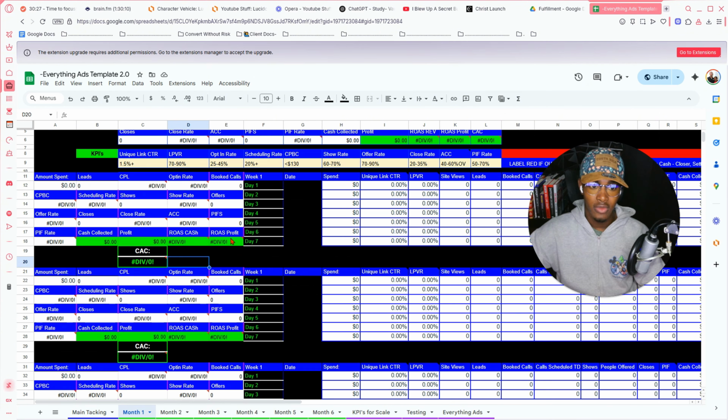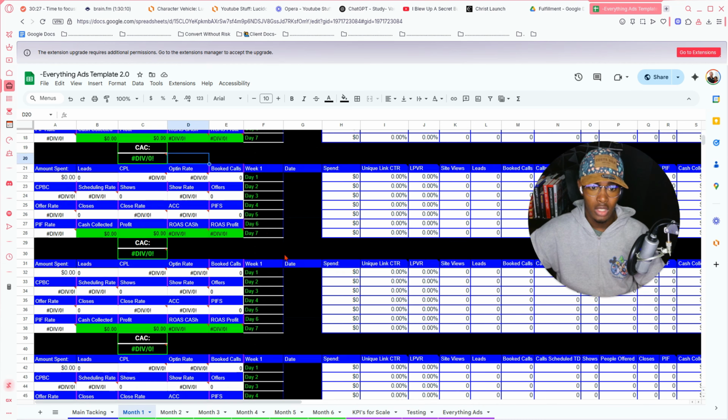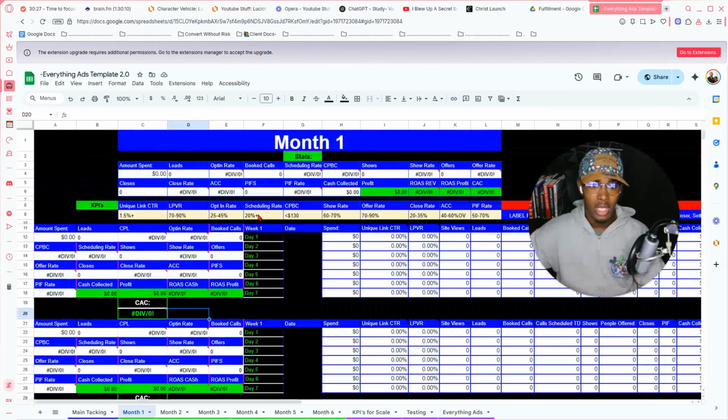And this is every week: week 1, week 2, week 3, week 4. As you can see, it tracks the full month up here. So we have a really deep system for this, and this is what we're using for our clients.